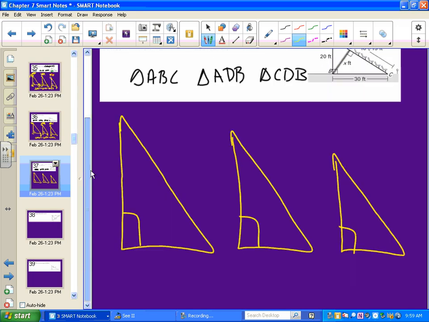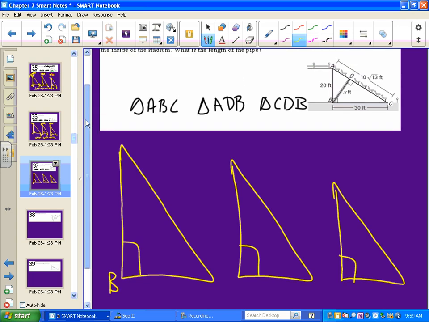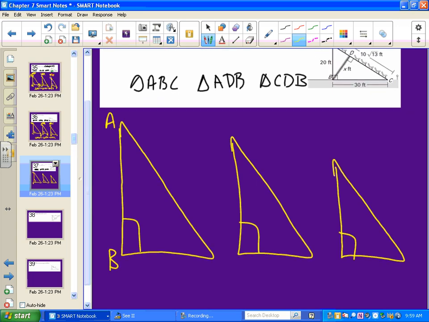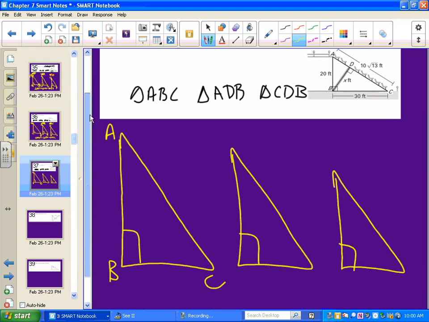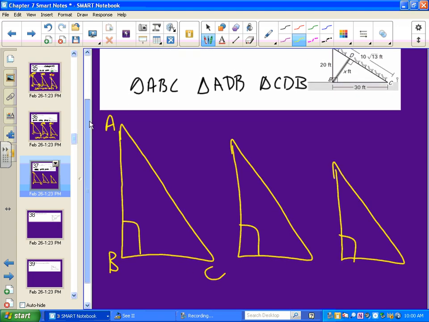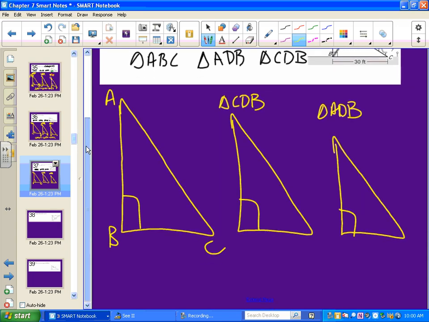So, draw the three triangles. Triangle ABC, putting B in the bottom left because that's the right angle. I'll put A at the top, C at the bottom right. We'll make this one triangle CDB, and this one triangle ADB. So triangle CDB, D is the right angle.